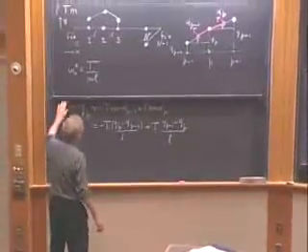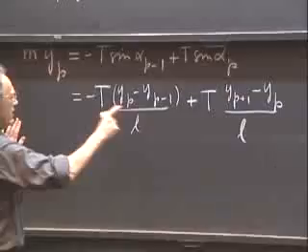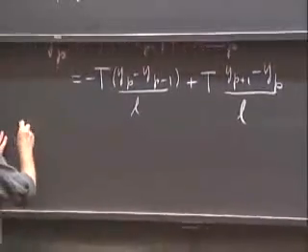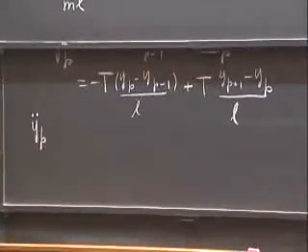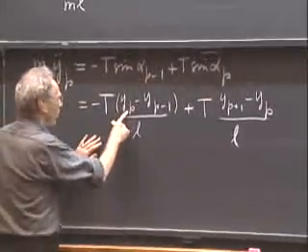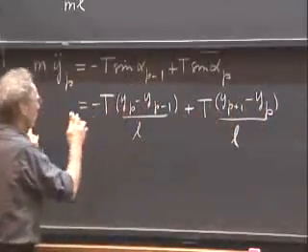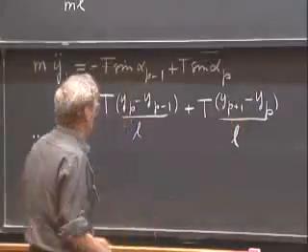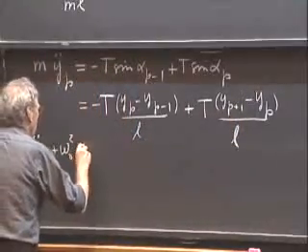So I can divide m out, and I can rewrite this, so get the m downstairs, and so we now get y of p double dot. And what I'm going to do now, I'm going to take the y p here and the y p there, and I bring them to the left. I have a minus here and I have a minus here. So I get plus omega 0 squared times y of p.